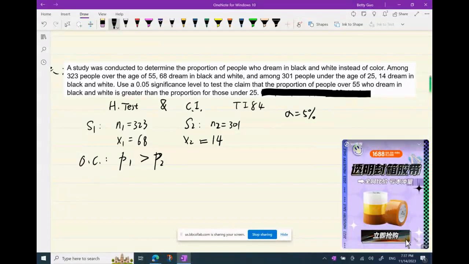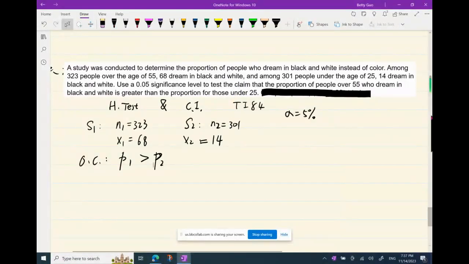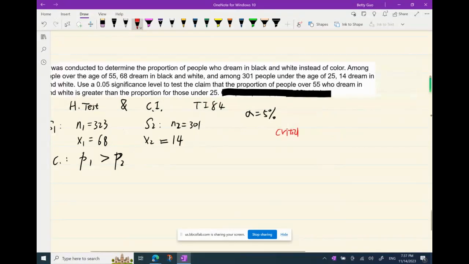That's the original claim. So what we are going to do in this example is apply all 3 methods to test this claim. What are the 3 methods? The first method is the critical value method. The second method is the p-value method.